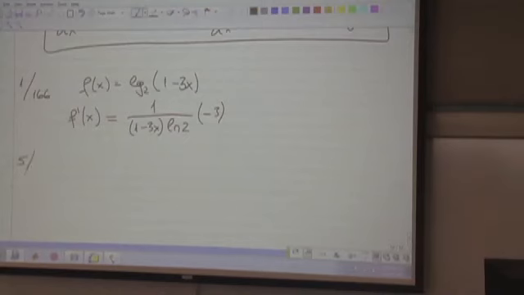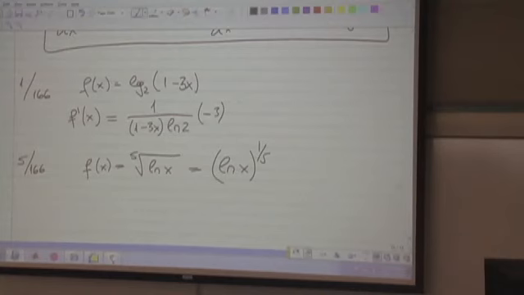Okay, number 5. F of x equals the 5th root of ln of x. To the 1/5. So this is the same thing as ln of x all raised to the 1/5. Please be advised that it's not ln of x to the 1/5.